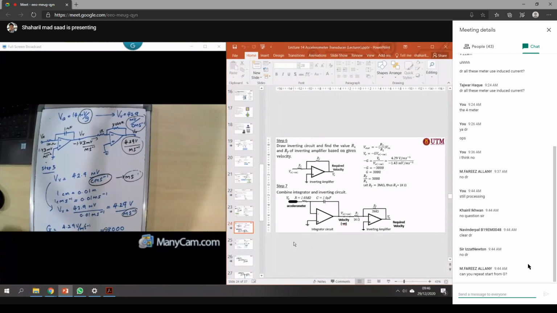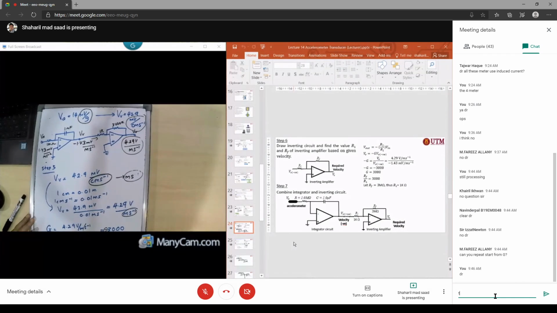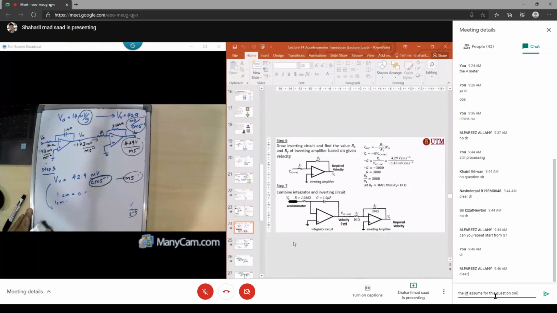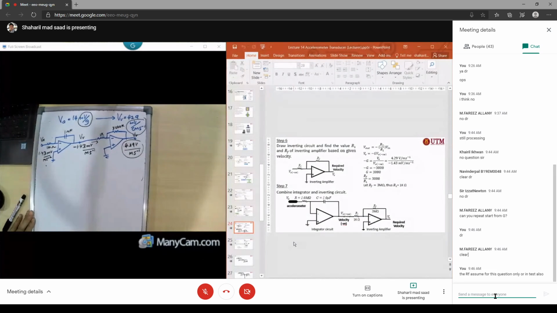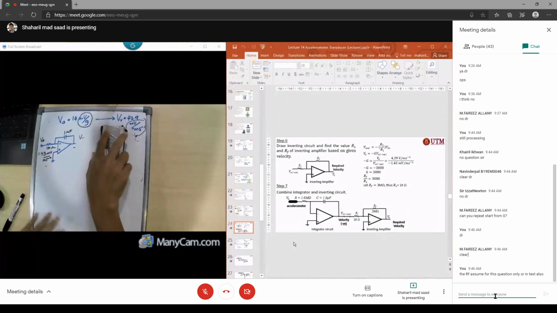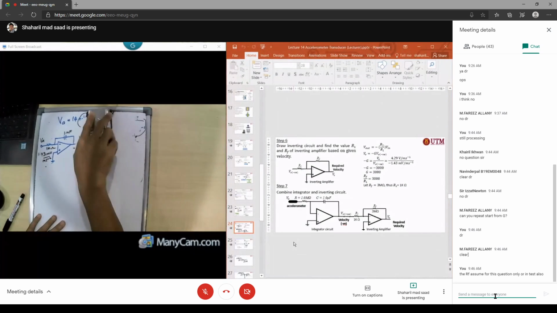Okay, clear? Faris, Alani? Okay, good. Question: is the RF assumed only for this question, or also in the test? It depends on the test.